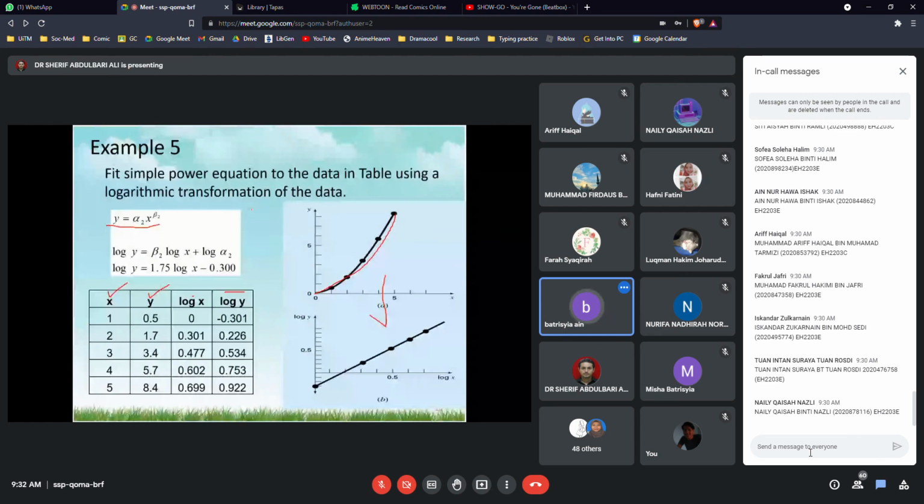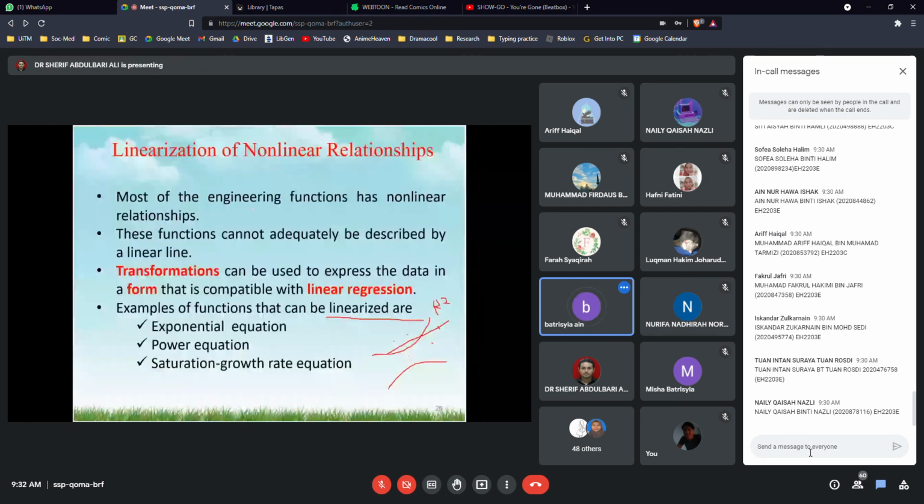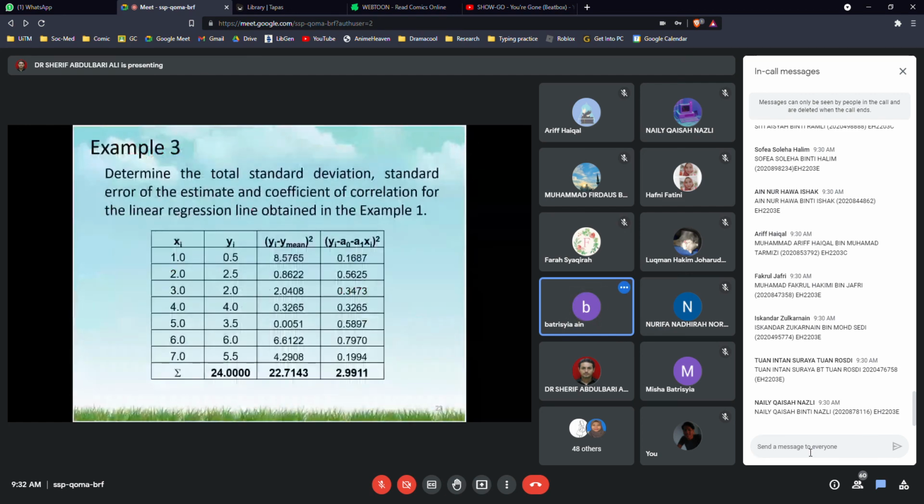The one with the three graphs. Yang ada exponential equation dengan power equation dengan saturation growth rate tu. This is the one. Oh, this is the one. This is exponential equation, this is power equation, this is saturation growth.